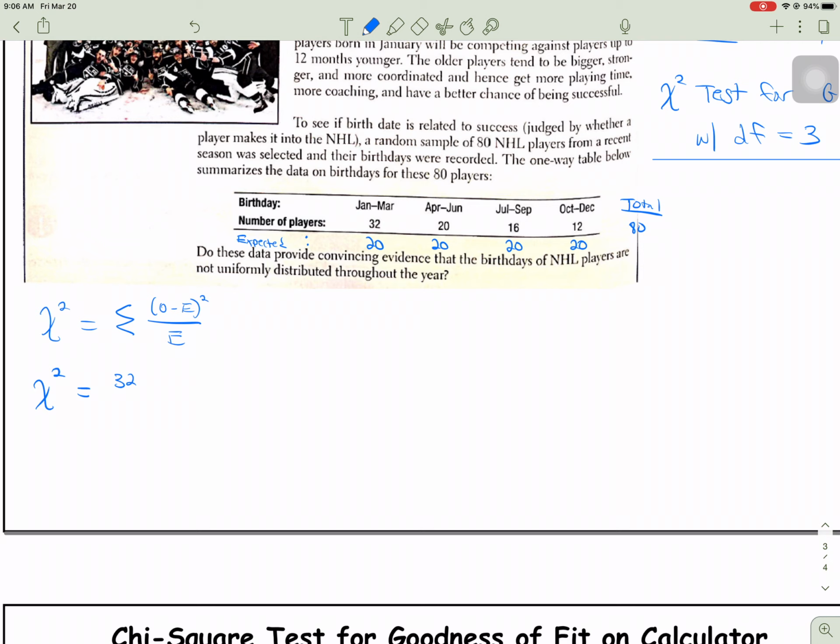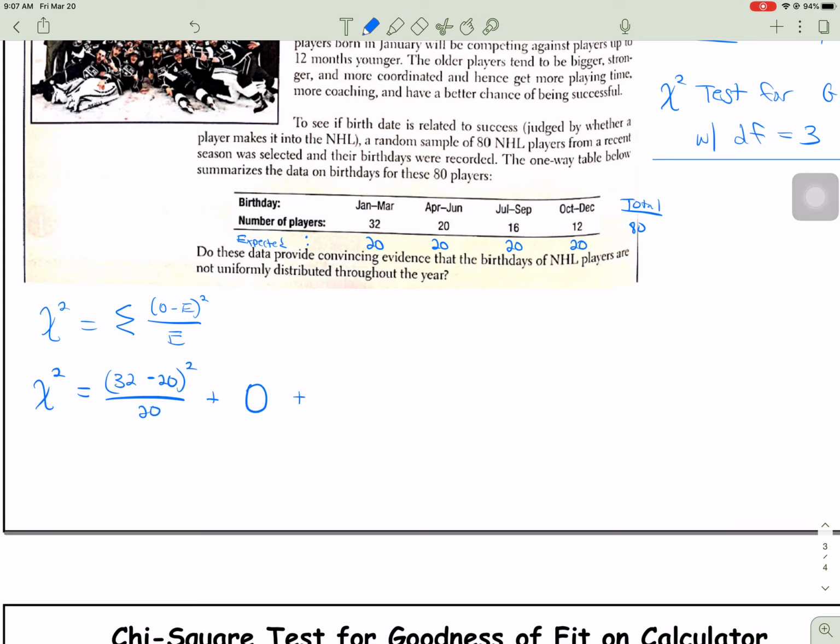Let's do first January to March. 32 minus 20 squared over 20 plus April to June. Well, April to June, check it out. Observed and expected are the same. The difference is 0. So 0 squared divided by 20 is just going to come out to 0. So actually that saves us a lot of time.